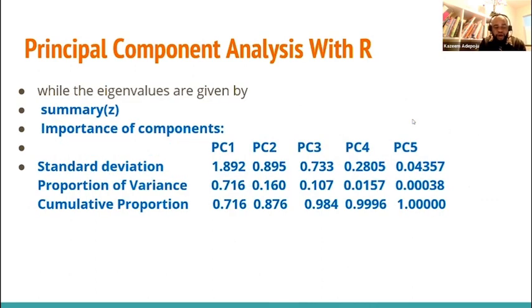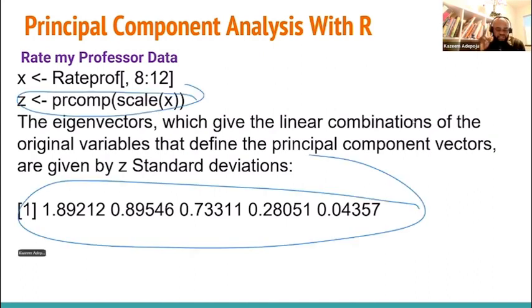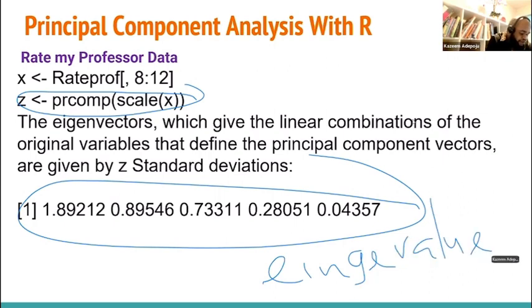Now, like I told you, if you want to do that in R, the moment you declare your variable, then you standardize it and use prcomp, principal components, with scale. The first output you're going to have will be the eigenvalues.